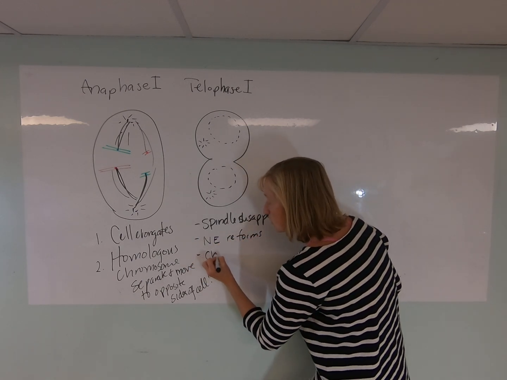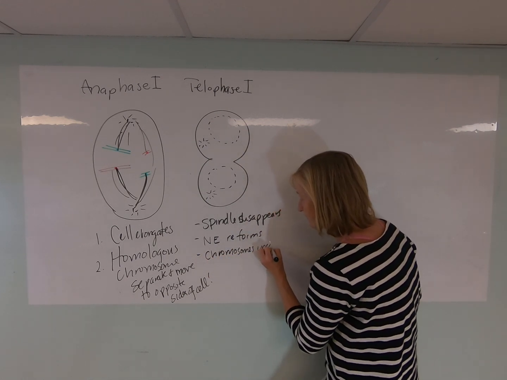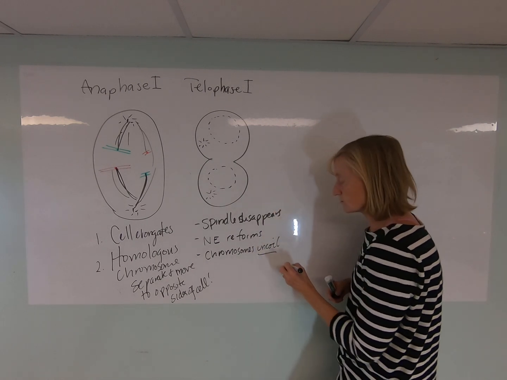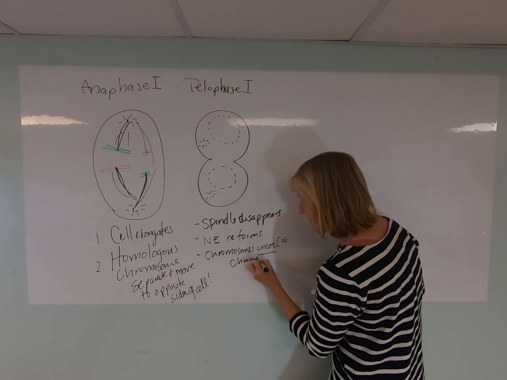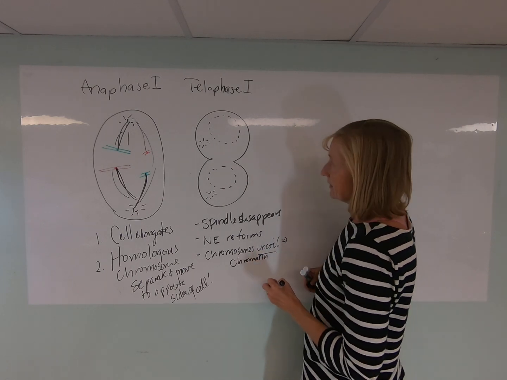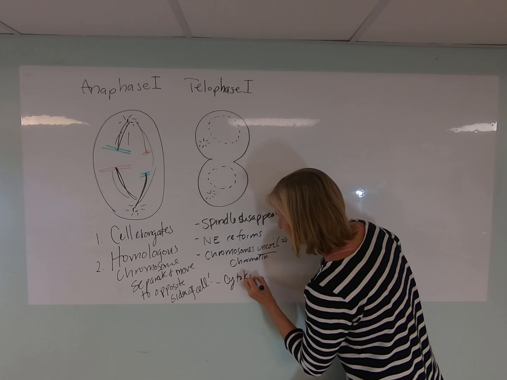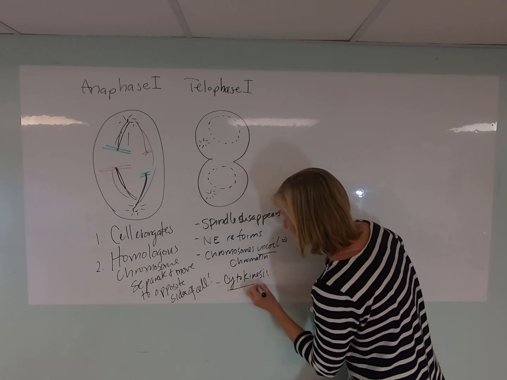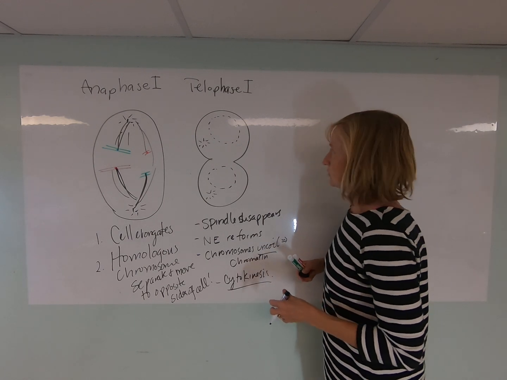The chromosomes start to uncoil. That means they become that stringy mass called chromatin again. All right? And cytokinesis can happen. That's the separation of the cytoplasm here by a cleavage groove, if you will, right?